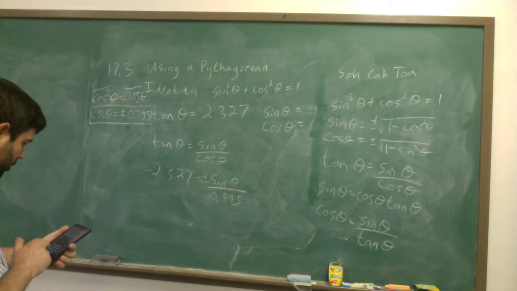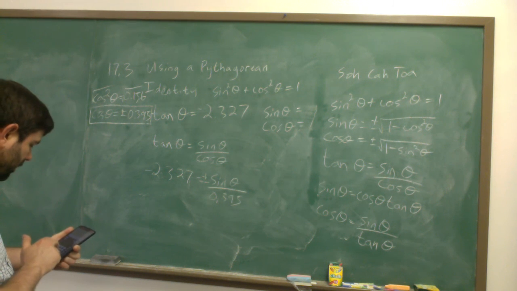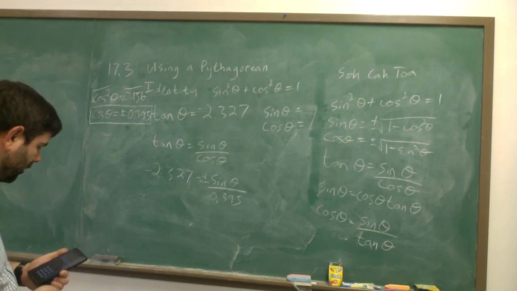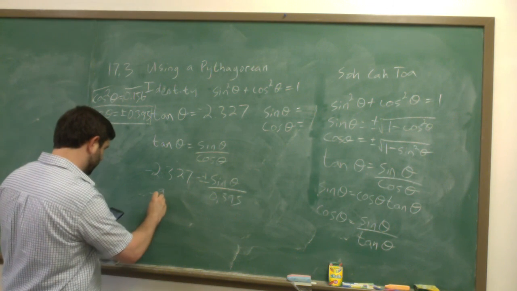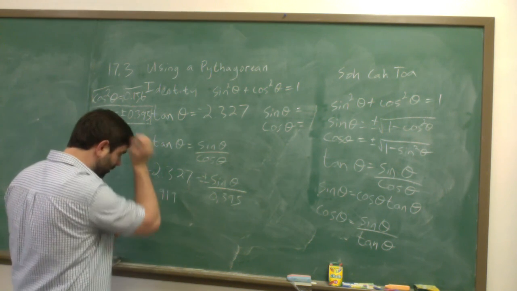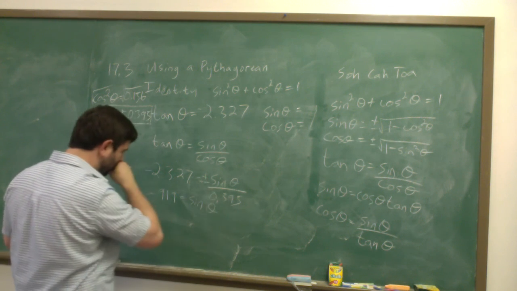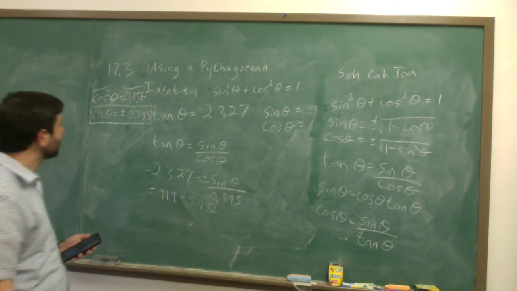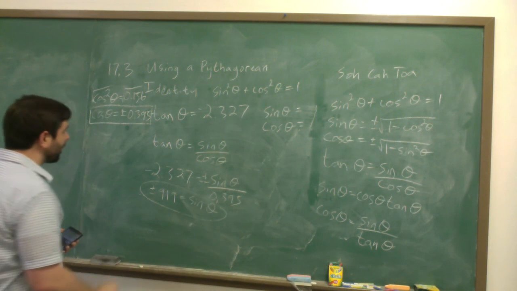Negative 2.327 multiplied by 0.395. And this is negative 0.919. This is plus or minus, so we can do a plus or minus there. And now we've solved for sine and for cosine.